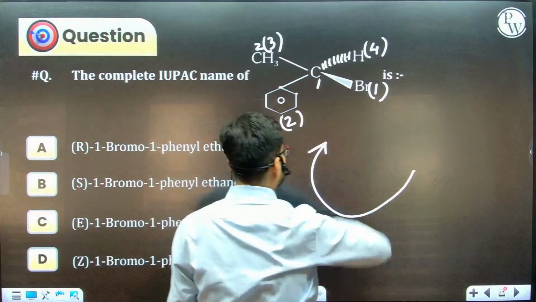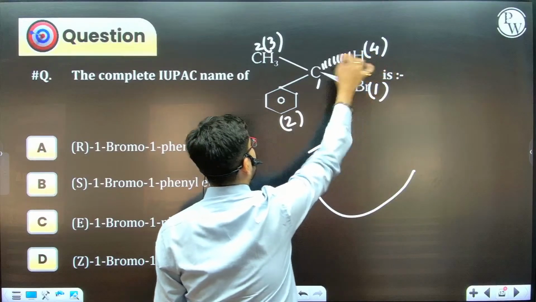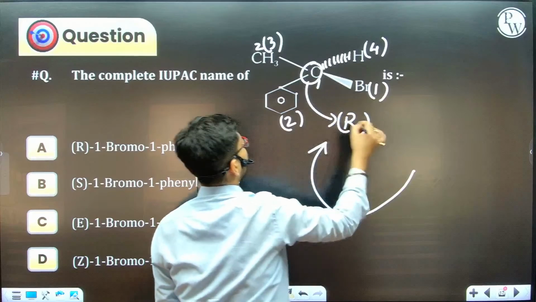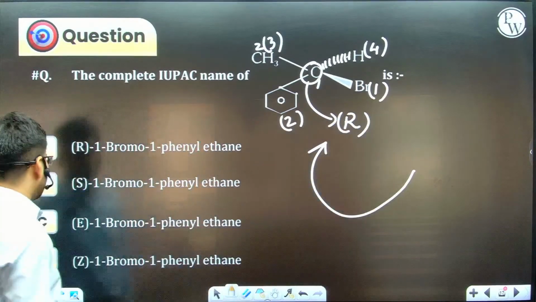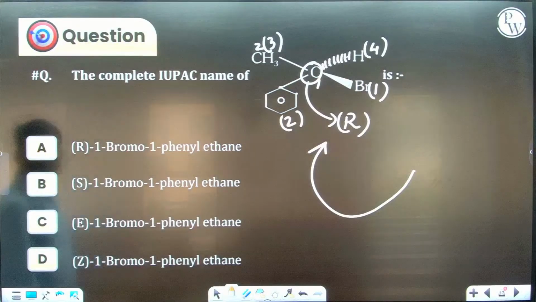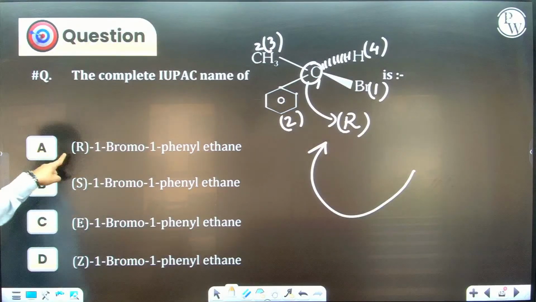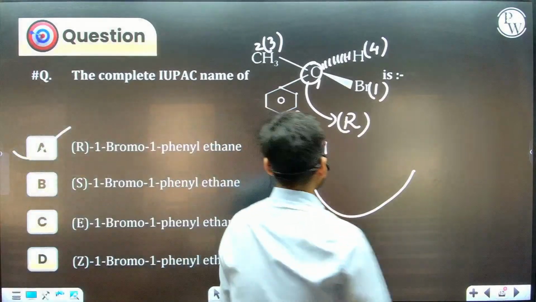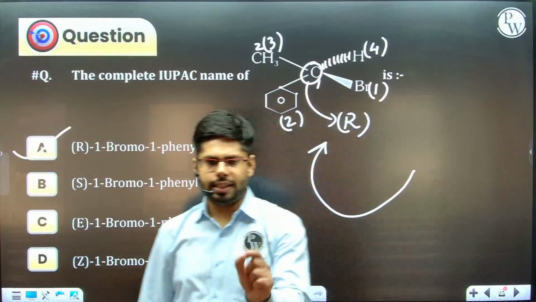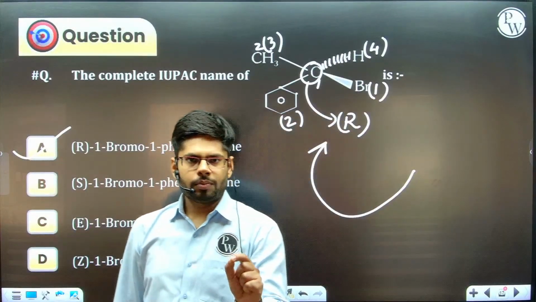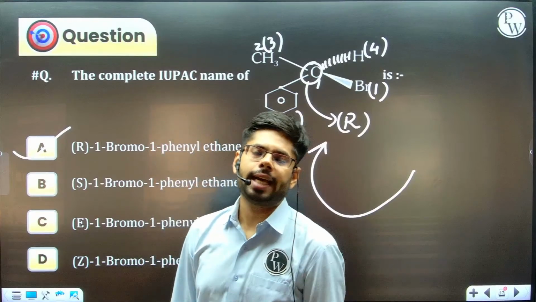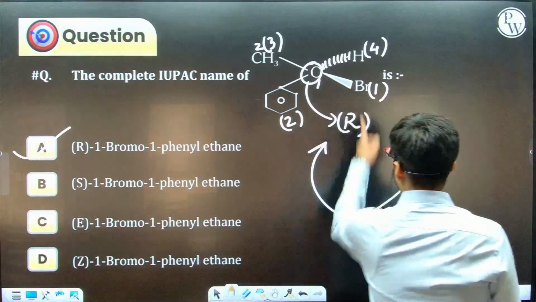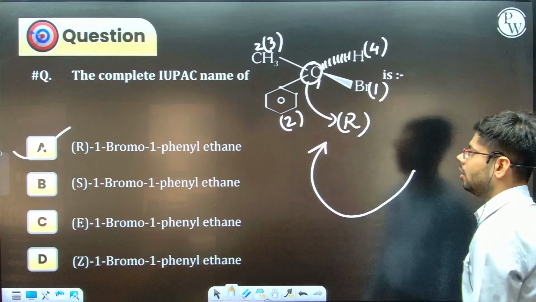So here the movement is clockwise and the fourth priority is on a dash, so I will say R is the configuration of this carbon. So R, 1 bromo 1 phenylethane. If the fourth priority is on a wedge, then clockwise movement indicates S configuration and anti-clockwise movement indicates R configuration. But here the fourth priority is on a dash, hence clockwise is R.